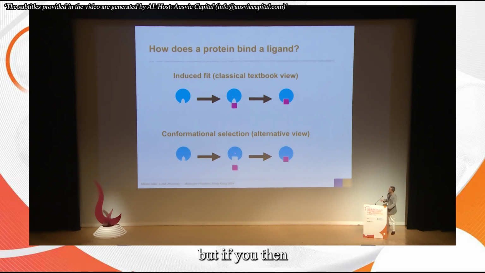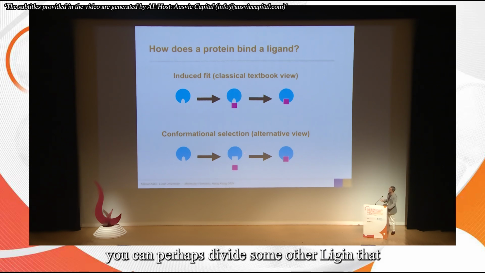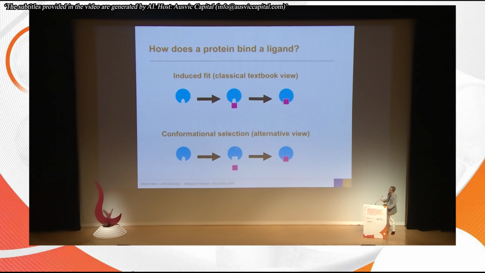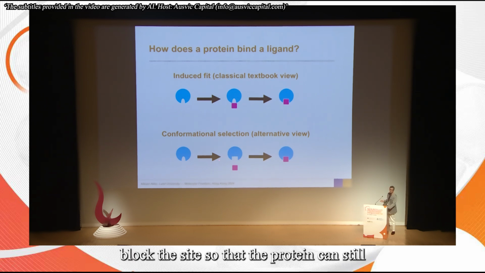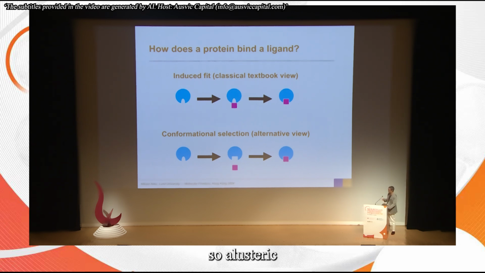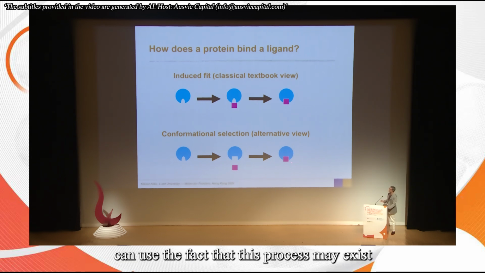But if you then realize that this one is already present, you can perhaps devise some other ligand that binds in a different place, here, say, and that doesn't block the site, so that the protein can still function in a normal way, but you've shifted the population and the signaling strength, so to speak. So allosteric drug initiatives can use the fact that this process may exist.